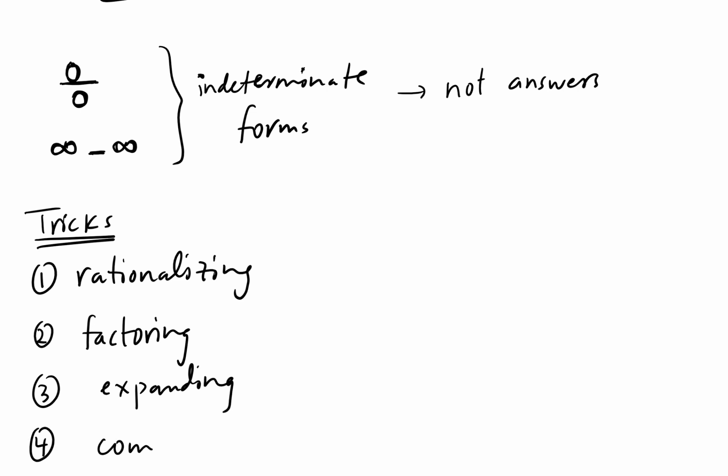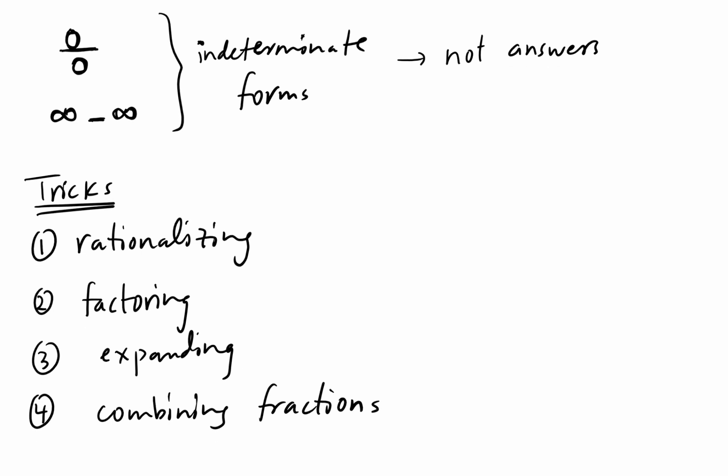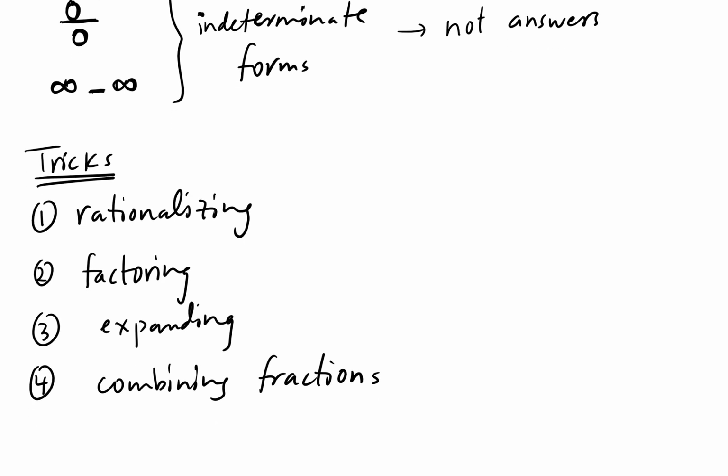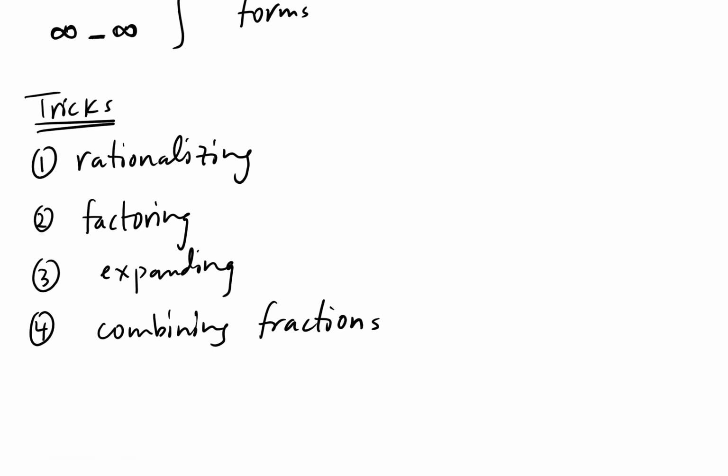Combining fractions. If you see fractions, that usually happens for infinity minus infinity. Then you try to combine the fractions and it will take care of it. I'm going to show you an example of how this works.